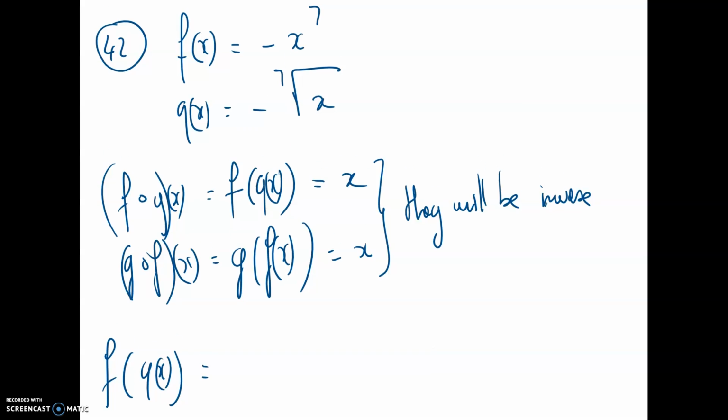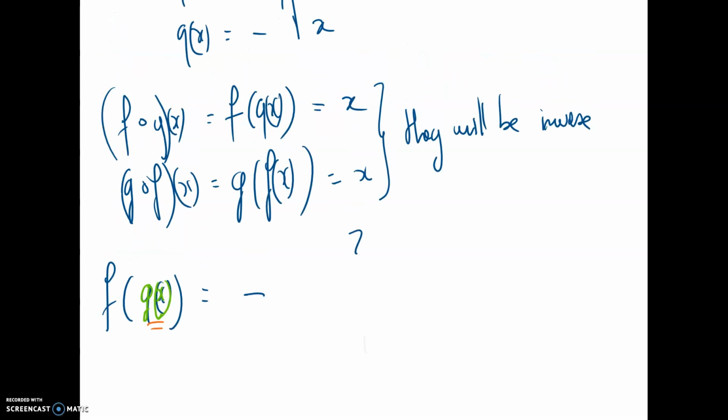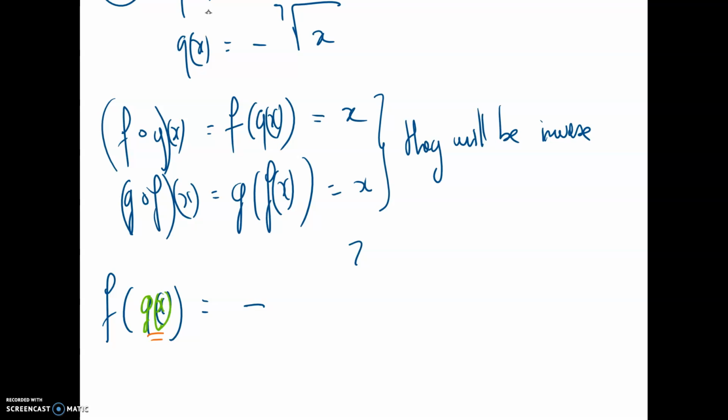So for that, I'm going to take negative x to the 7, and I am going to substitute this by g of x. And actually, I'm going to write my g of x in green right here. So I am getting rid of the x, and I am substituting by g of x being equal to negative the 7th root of x.